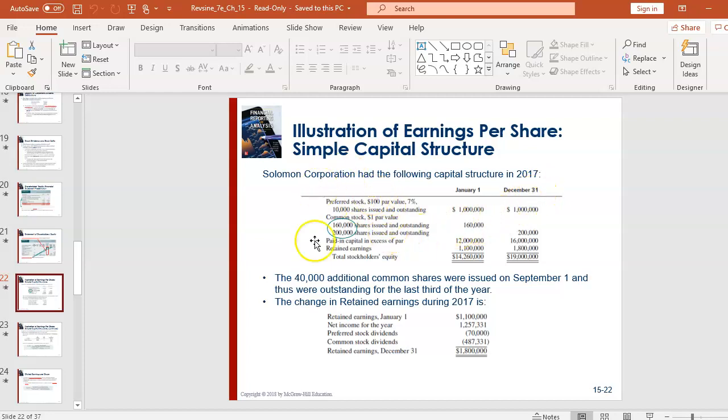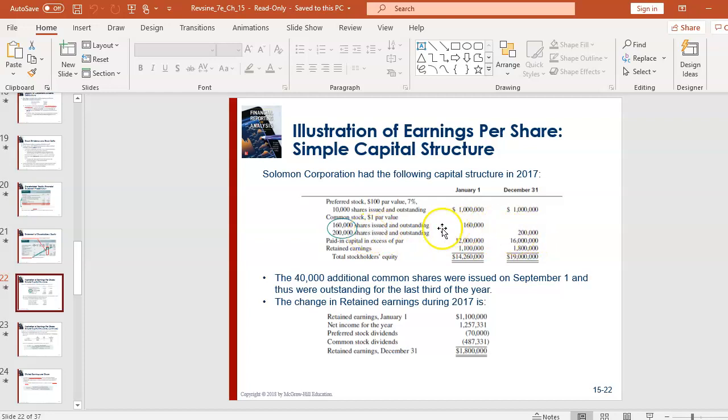And then when you read a company's statement of equity, some things to keep in mind. Not all the time does a company issue all the shares that it has authorized. Sometimes it does, sometimes it doesn't. But quite often companies have different levels of stock. This is kind of a made-up company right here, but they've got two different stock issues. They've got one with 160,000 shares, one with 200,000 shares.